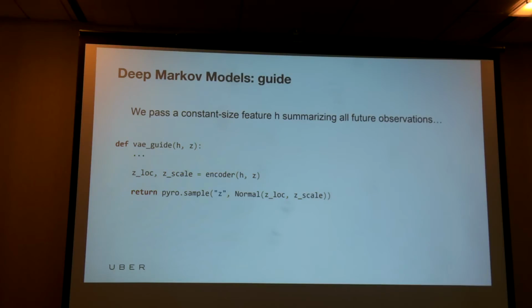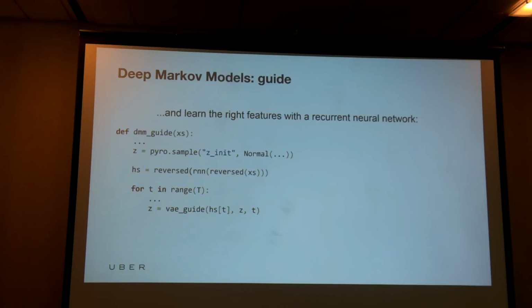We can encode that dependency structure by computing a constant size feature of that entire sequence of future observations, which we'll call H. I've written this H here in correspondence with the picture. And then, as we've been doing, rather than thinking really hard and trying to come up with the right features, we'll just attempt to learn them with a recurrent neural network. So those H's will be the output of a recurrent neural network.